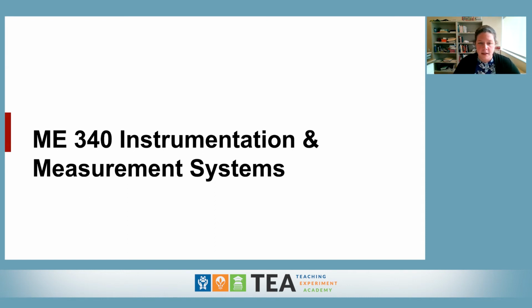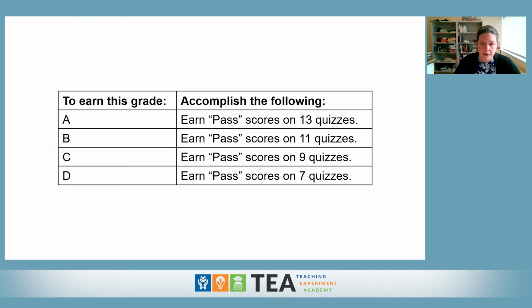So this is a course that does require a lot of problem solving, so I'm primarily using quizzes for the grading. We ended up with 14 quizzes in this course. So I usually set the A level as like 1 fewer than however many quizzes we have. Occasionally, I set A as passing all the quizzes.